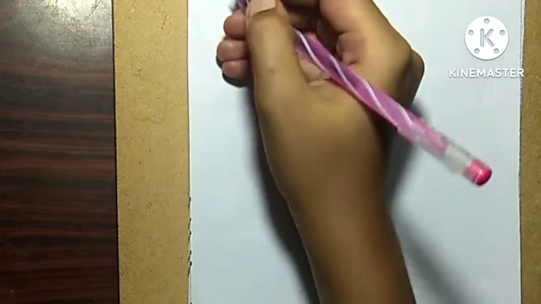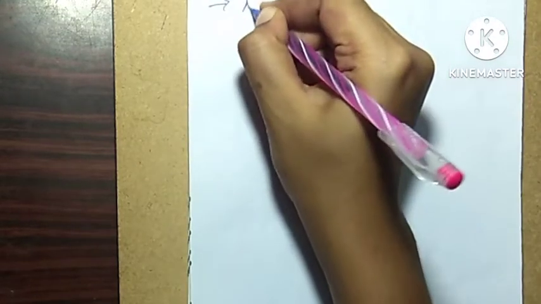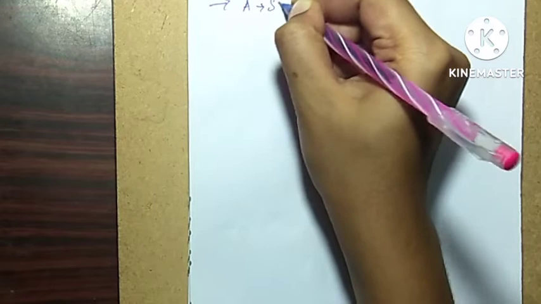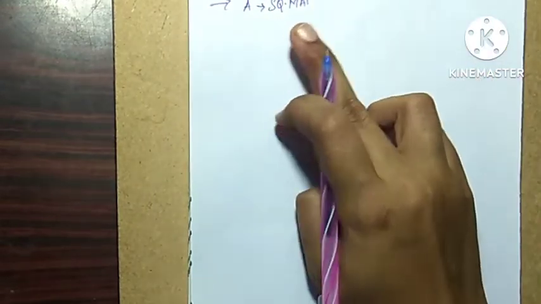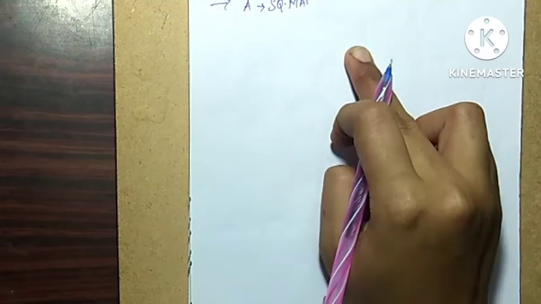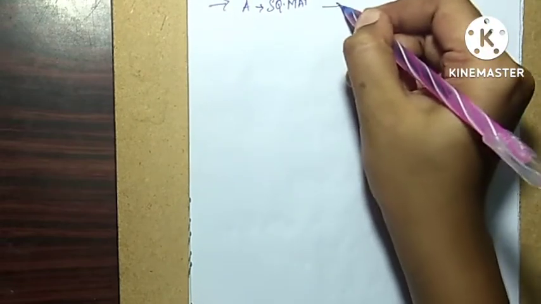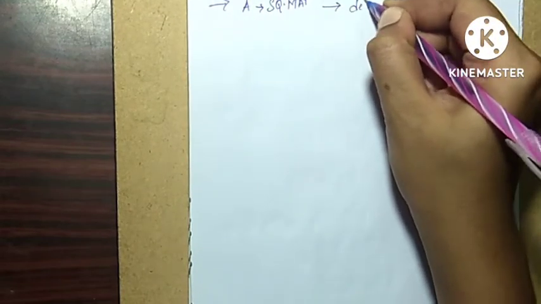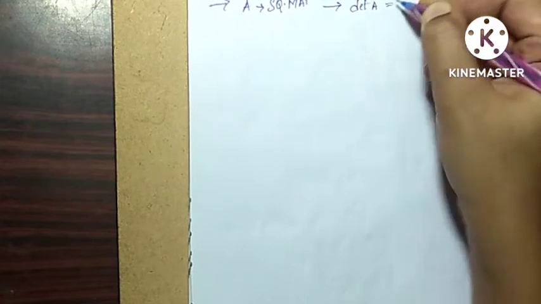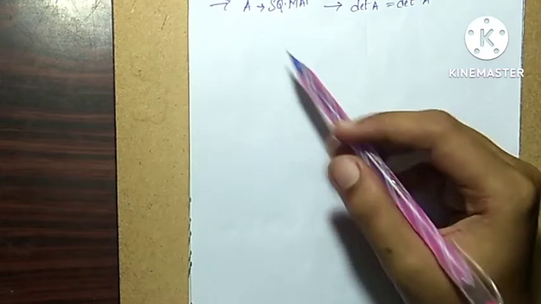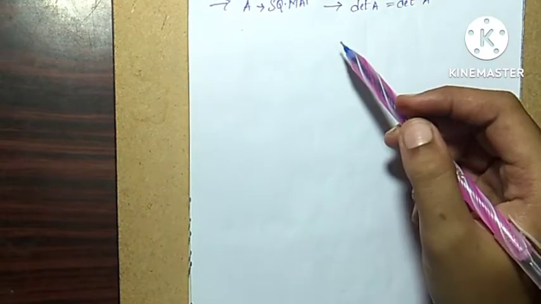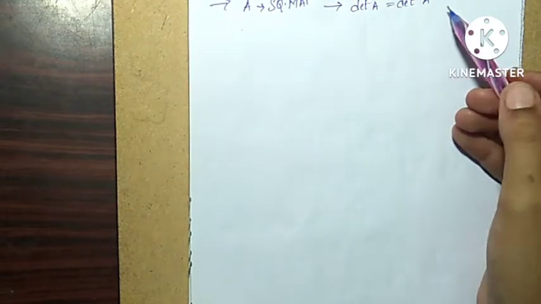Okay, our next point is: if A is a square matrix, then the condition is det A is equal to det A transpose.